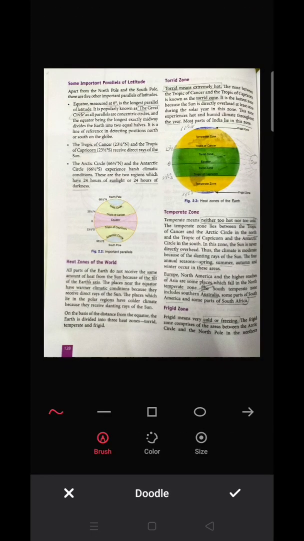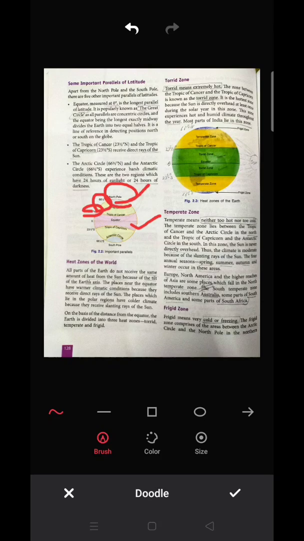In the center, if you check, there is the equator. Above the equator there is the Tropic of Cancer at 23.5 degree north. If we go a little above, we can see the Arctic Circle at around 66.5 degree north, and here is the northern pole.